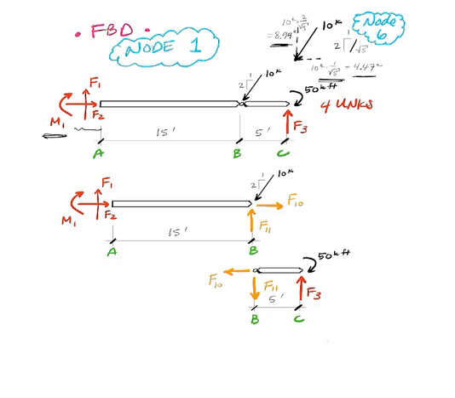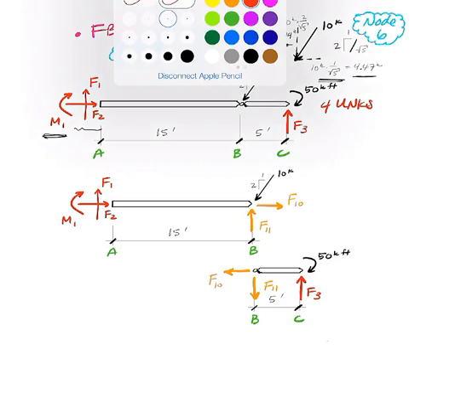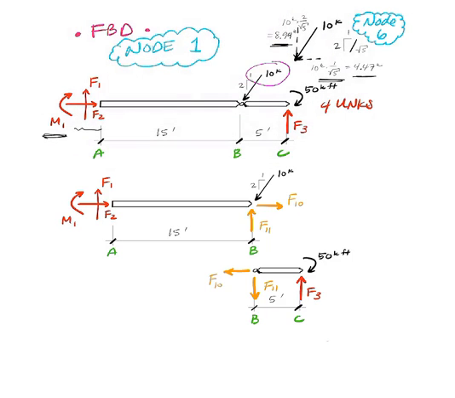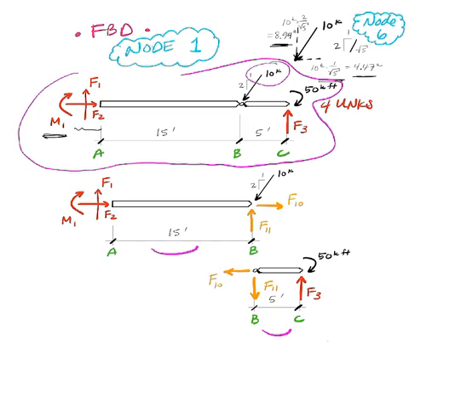Good discussion often happens around what to do with this force that's sitting right there at the hinge. And the answer is we can actually do an infinite number of things with it, but all we would need to satisfy is that when we put these two diagrams back together, diagram AB and diagram BC, what we need to get is the whole structure free body diagram that it came from.